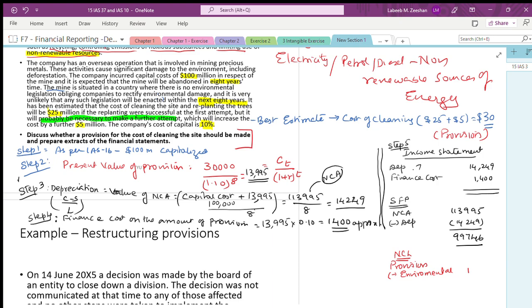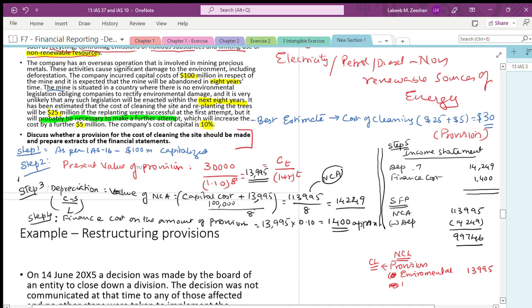It is 13,995. Okay. Next, you have current liabilities. You have finance. Don't put minus.